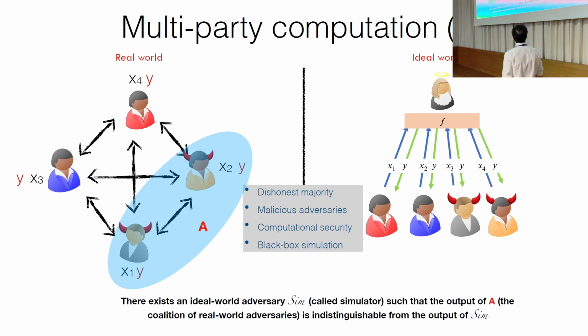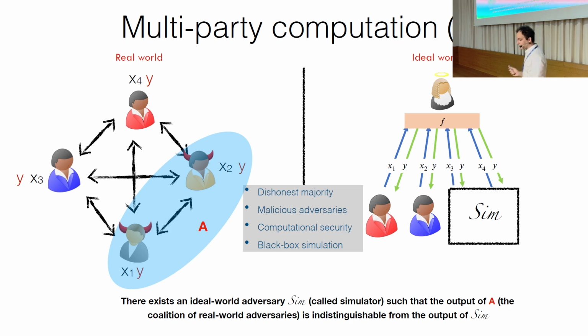A protocol is secure only if we can exhibit a simulator, which is what is called an ideal-world adversary, that can do anything the real-world adversary can do in the protocol on the left. In particular, the simulator on the right should be able to use the right inputs.